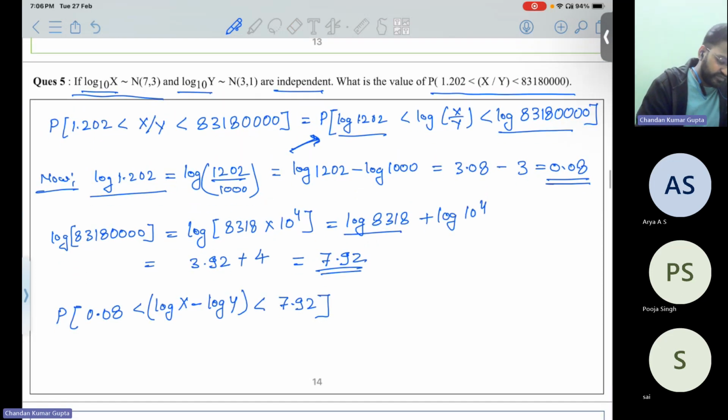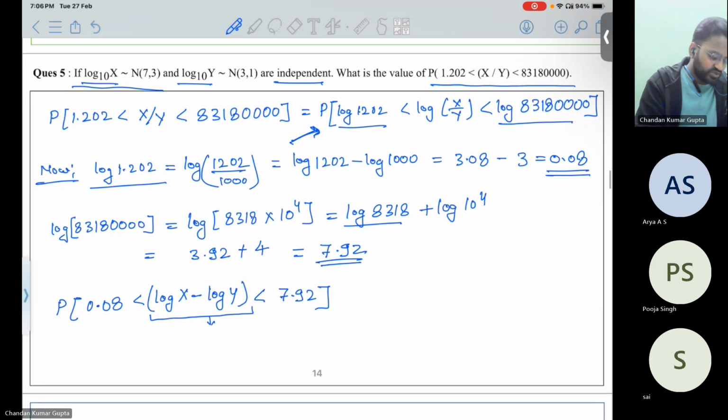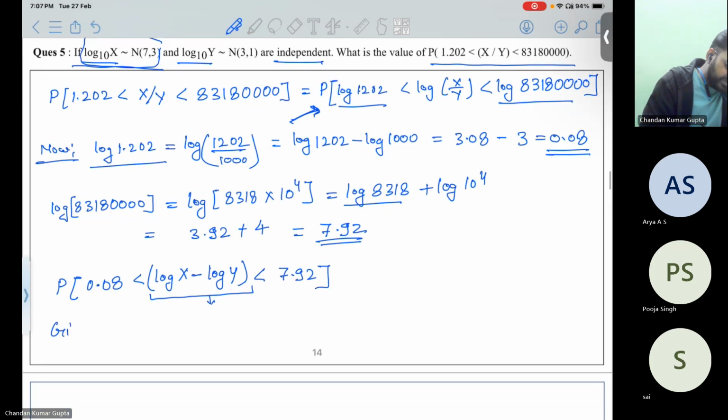If we have some information about this, then we may solve it. If it is normal, then it is clear. So here we see that log x follows normal, this is given.